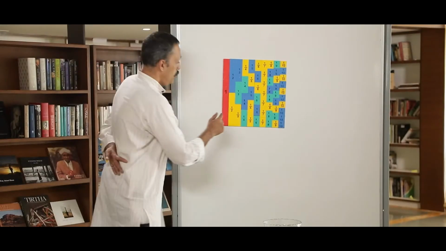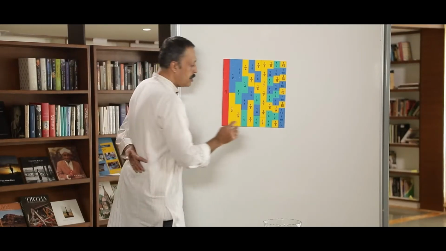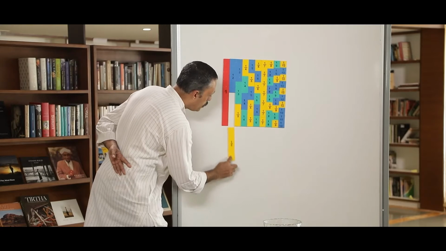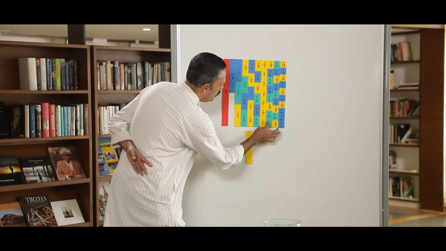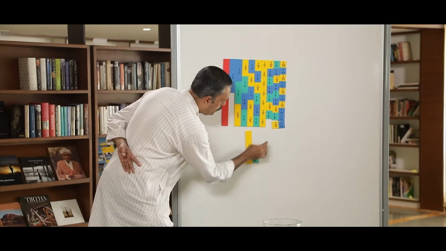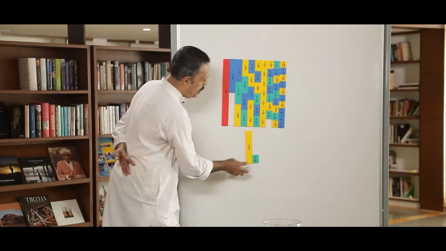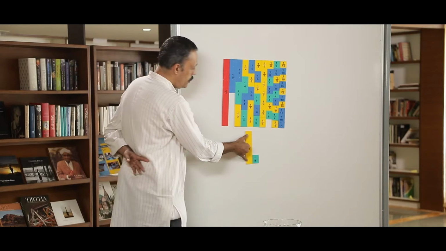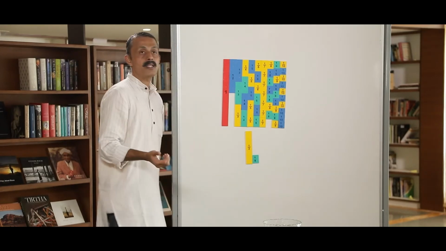Therefore, if I ask the children, which one is greater, 1 of 2 or 1 of 8? In the concrete stage, children will hold this one equal part of 2 and one equal part of 8. Then they will understand that 1 of 2 is much bigger than 1 of 8.